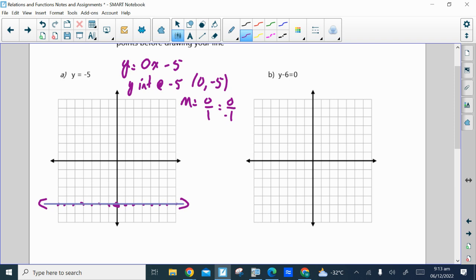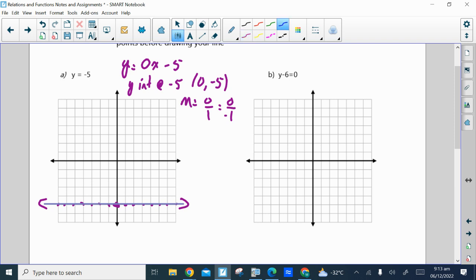The equation tells us that y always equals -5. And so that means that it doesn't matter what x is, the y value always stays -5. When x is 0, y is -5. When x is -3, doesn't matter, y still is -5. When x is +2 or +8 or +10 or +100, it doesn't matter. Y is always -5. So we can graph it that way.